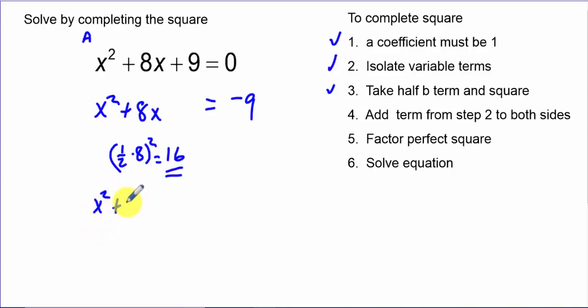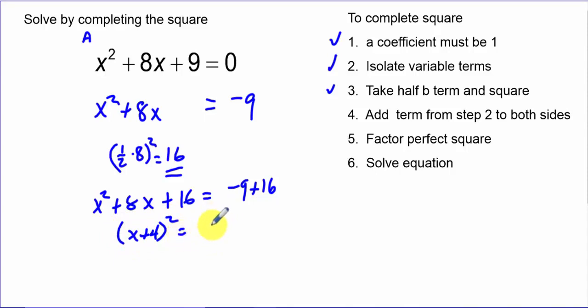X squared plus 8x plus 16 equals negative 9 plus 16. Now you're going to notice, hey, look at this guy. What I just did was I completed this process in order to get a perfect square, hence completing the square. So this is x plus 4 quantity squared equals 7.